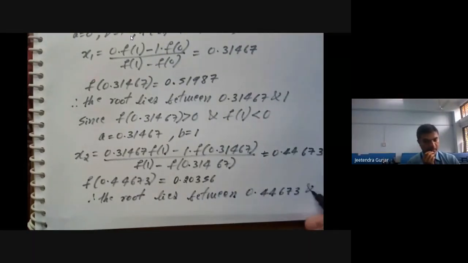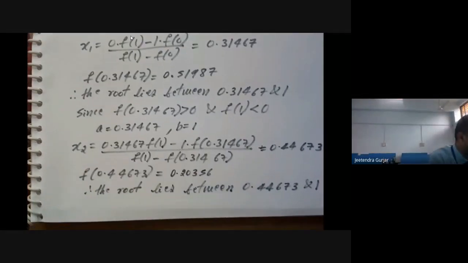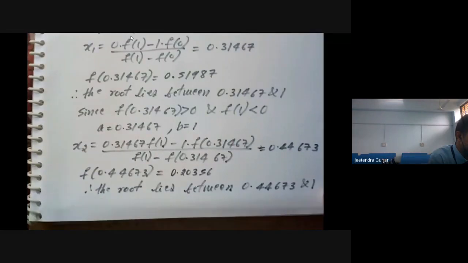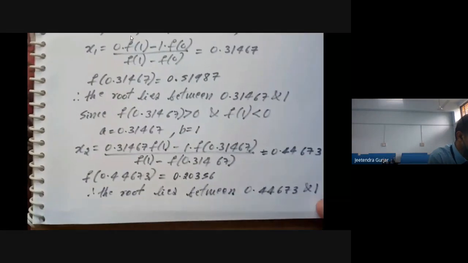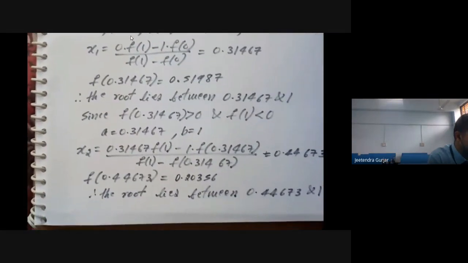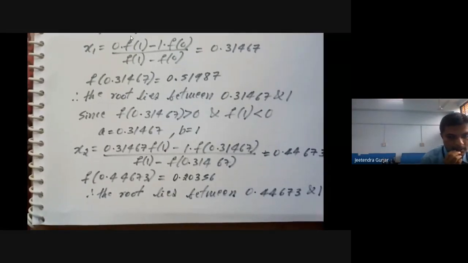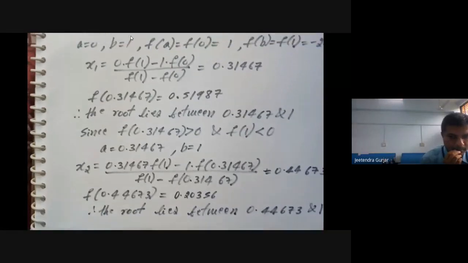Why does it lie between the values like this, students? I already told you, when you put these two values in the function, one must be positive, one must be negative. Positive or negative, remember, or greater than 0 and less than 0.